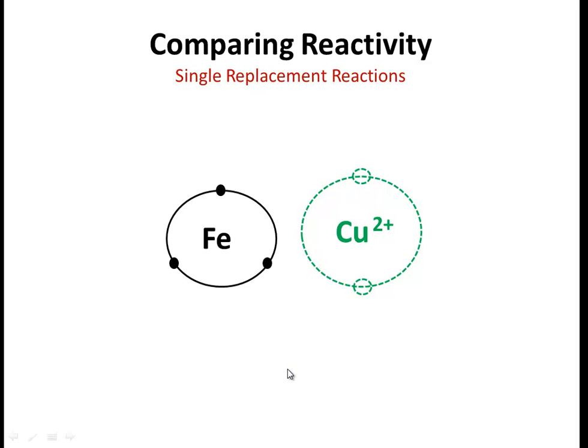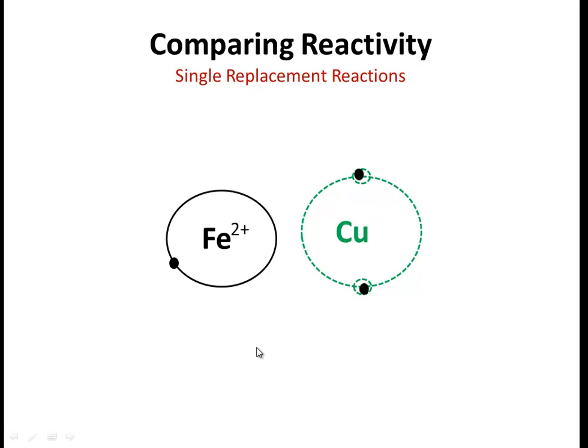Now, if copper has a stronger pull on electrons than iron, then this is what's going to happen. 2 electrons are going to get yanked off of iron, and they're going to get transferred over to copper. In the process, iron will become 2 plus, because it's deficient 2 electrons, and copper will go from 2 plus to neutral, so there's no charge.